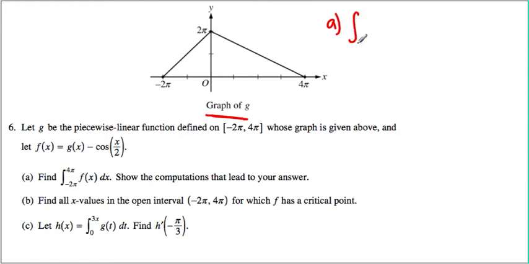Then if I were to rewrite this one, instead of writing f of x, I can write g of x minus cosine of x over 2 dx.